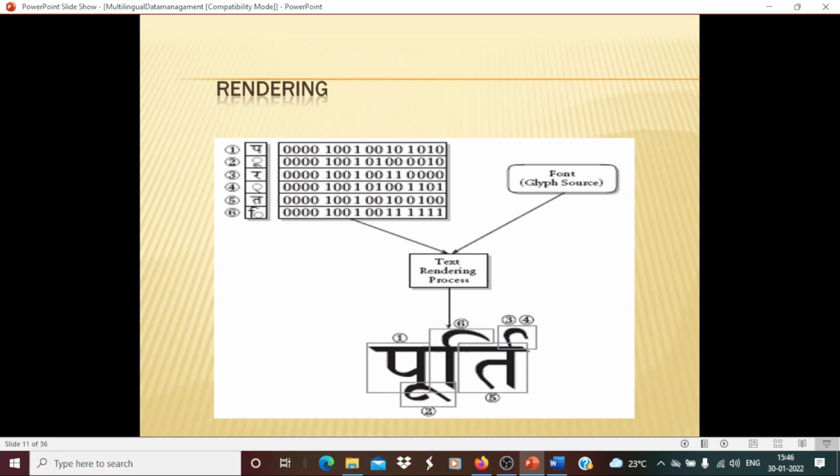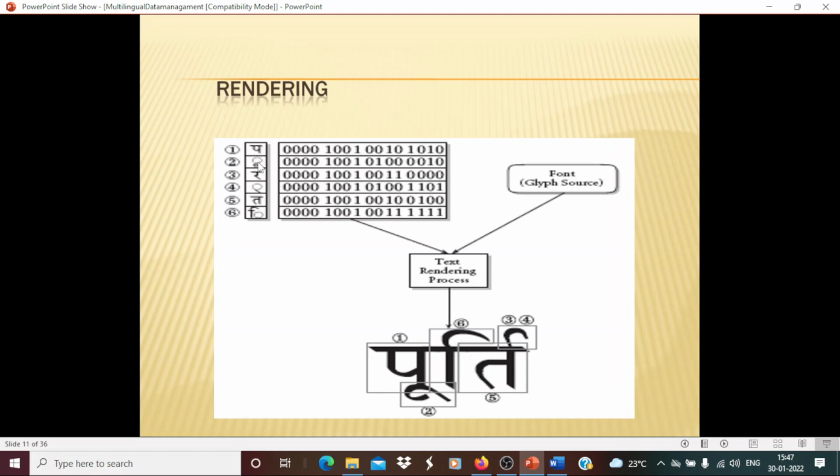So the 54 character alphabets in Bengali can be combined to create 2.5 thousand different glyphs, and this is one example of such a glyph. Say, for example, I have given here purti. Normally it appears there are only two characters, but in reality it is a combination of six different characters.